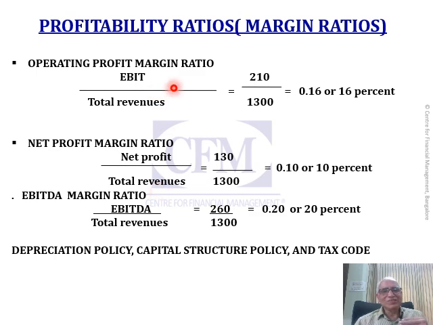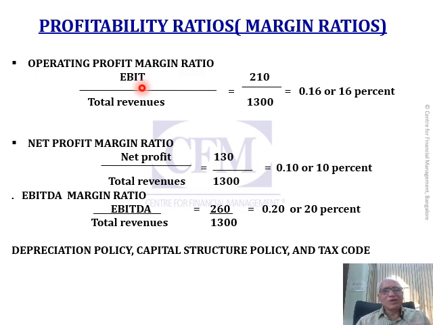Operating profit margin ratio is defined as earnings before interest and taxes, also referred to as profit before interest and taxes or operating profit, divided by total revenues. In the case of Horizon Limited, EBIT is 210 million, total revenues are 1300 million, so the operating profit margin is 16%. This is a widely used measure because operating managers would like to be judged on the basis of the operating margin.